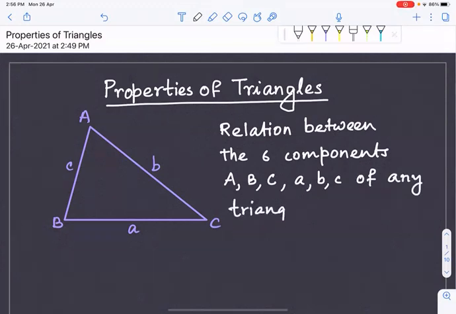So that means we are going to discuss the relation between three angles and the three sides.